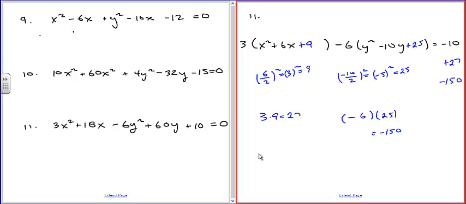So now we can rewrite it. It's 3 times x plus 3 squared minus 6 times y minus 5 squared is equal to, so I've got negative 160, and add 27 to that. So negative 160 plus 20 is negative 140, plus another 7, negative 133.